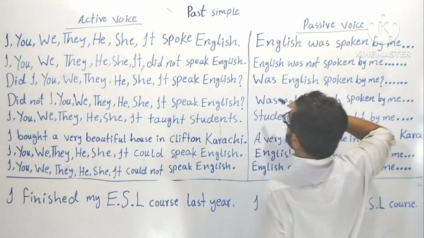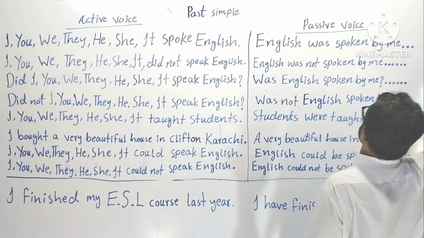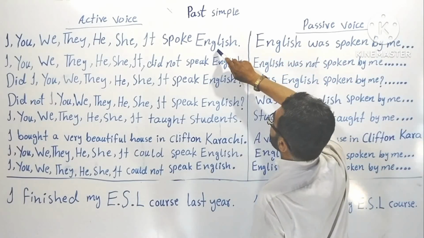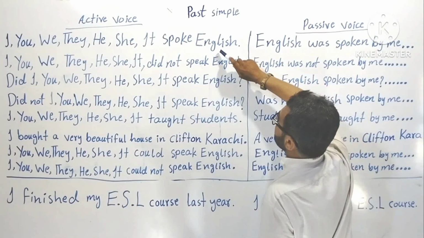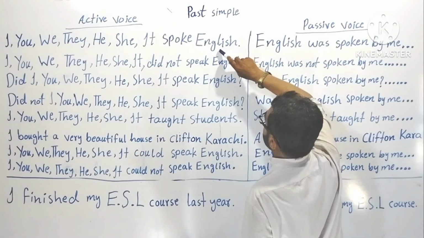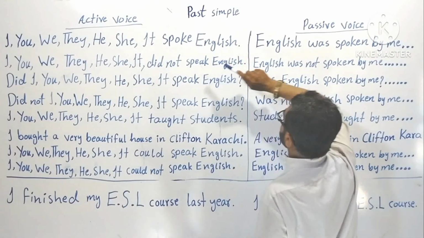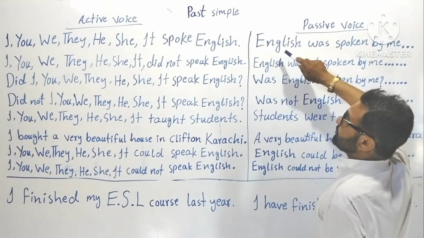You see, as I told you before, those subjects can come here as objects. Now you see, this object has come here at the beginning of passive voice. This is the end of active voice. This is the beginning of passive voice. Here it is a subject. This word English is an object. Here it is a subject. I told you this thing.